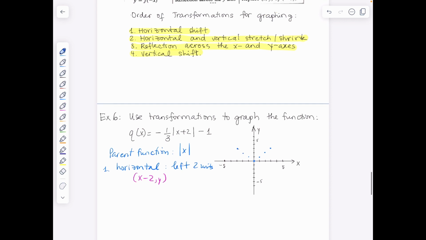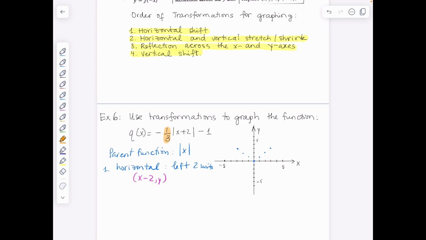The next one, is there a horizontal and vertical stretch or shrink? Yes, I see that there is a number being multiplied on the outside of the parent function.